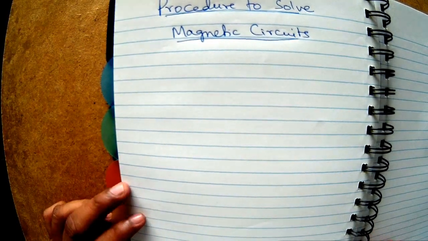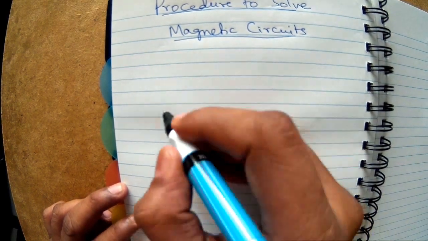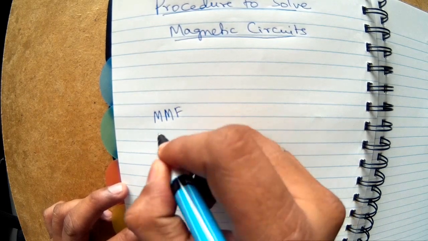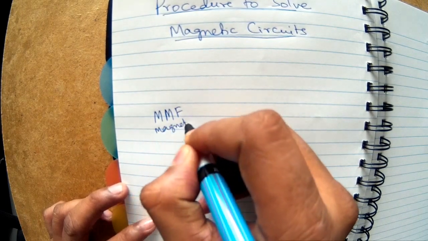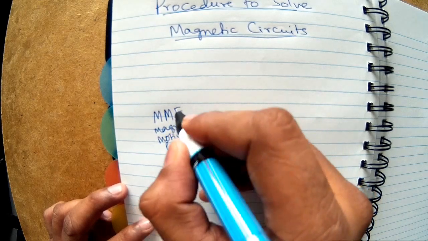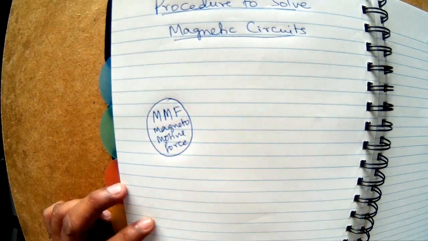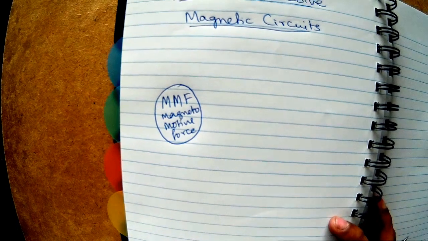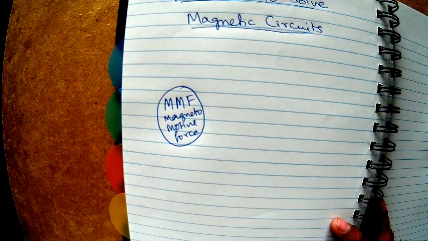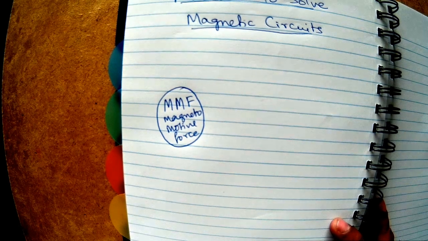Okay. So the first thing is magnetomotive force, MMF. This magnetomotive force is the one which is like the source. Just like in an electrical circuit, the voltage source creates voltage, or we call it electromotive force.